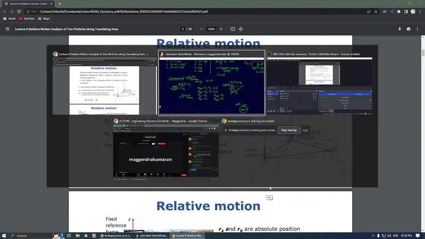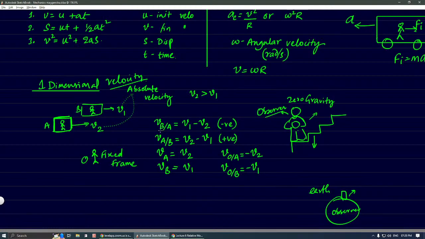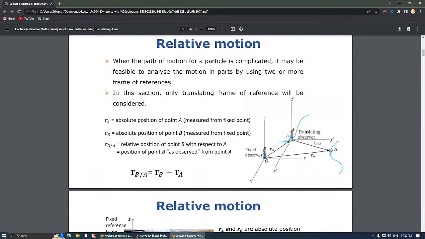Okay, that's what we discussed here now. When B is observing A, 1 minus 2. 1 is B, so it is B minus A. Right? And when A is observing B, it will be A minus B. So B comes first.